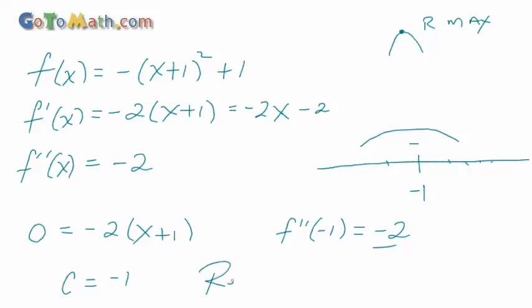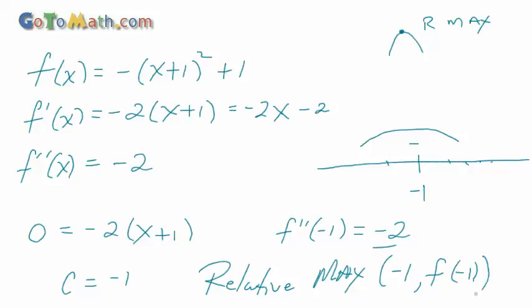So the relative max, and since we're writing them as points, it's going to be negative 1, and then you would take negative 1, plug it in, and we'd end up with 1. But just to clarify that, f of negative 1 is just 1. So relative max, that's it.